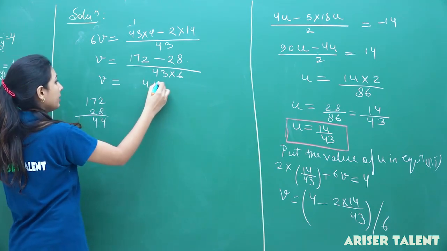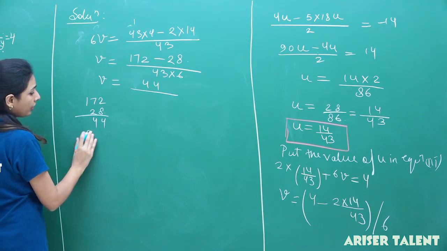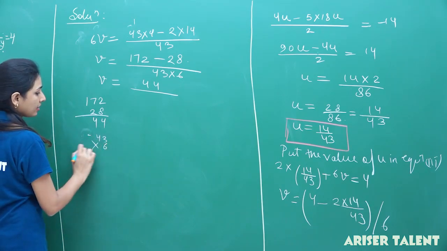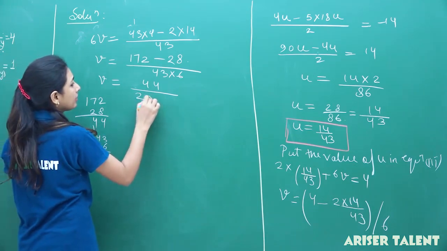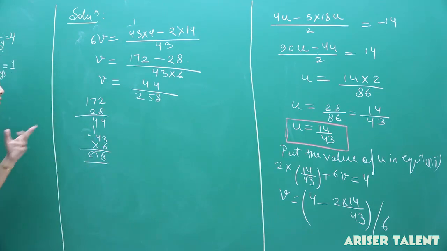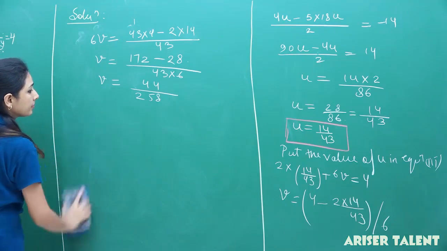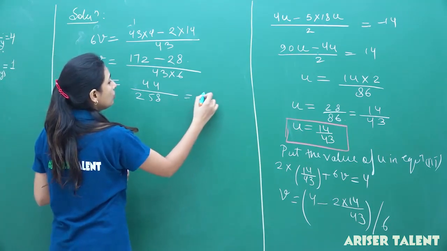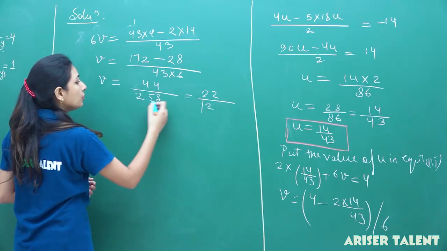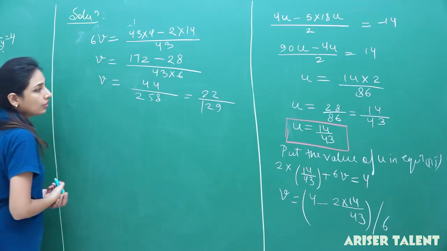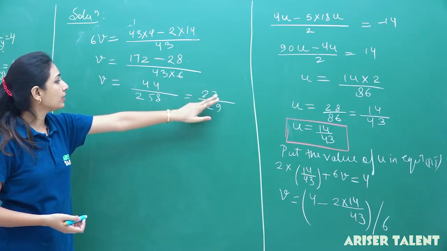So, 144 here, right, and 43 by 6, that is 258 here. So, I can just reduce it to 22 by 129 here.